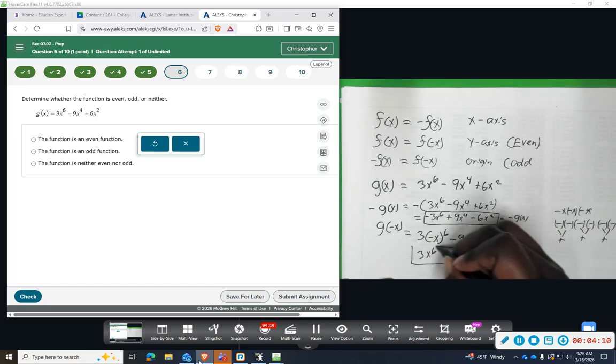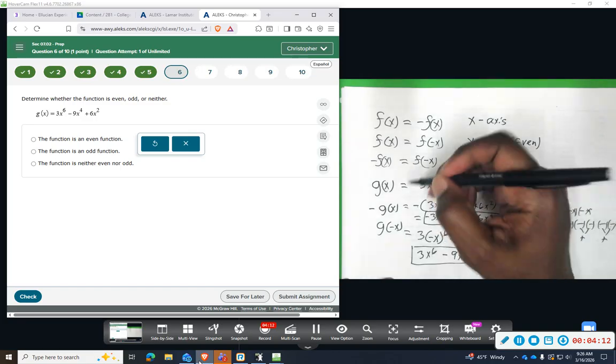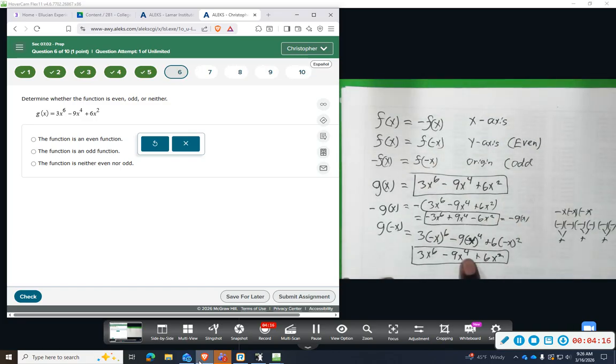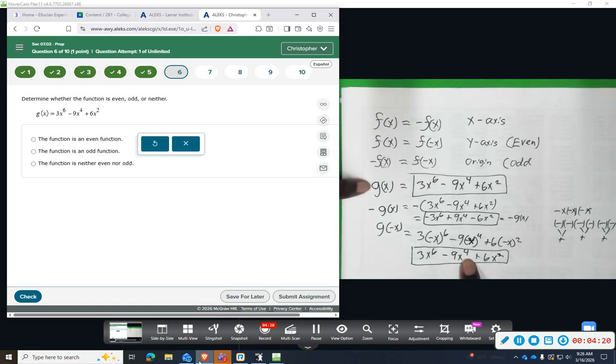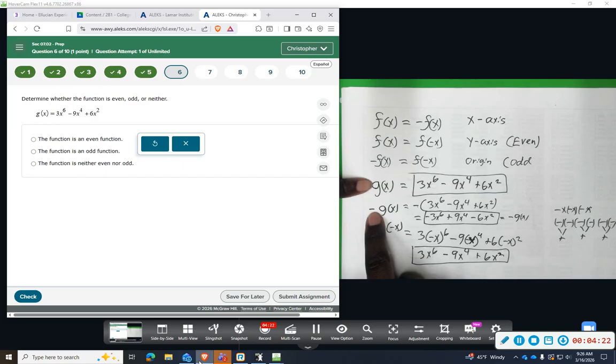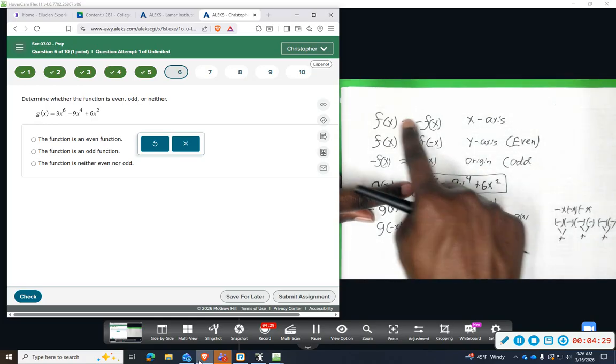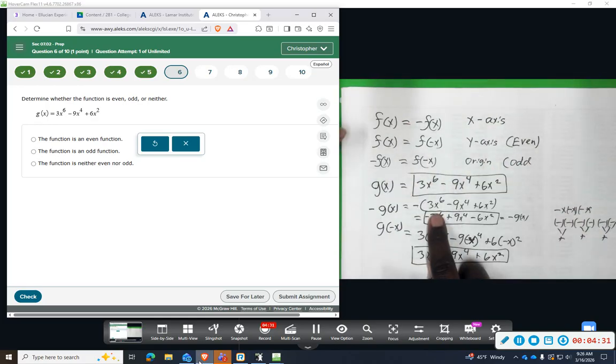So when we do our comparison, we're looking at this guy and this guy. So g of x, and the negative, I'm looking and seeing, are these the same? And the first term violates that because this is positive, this is negative, so it doesn't have x-axis symmetry. Okay, so now I'm looking at f of x and f of negative x.